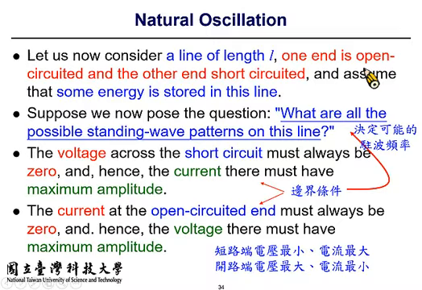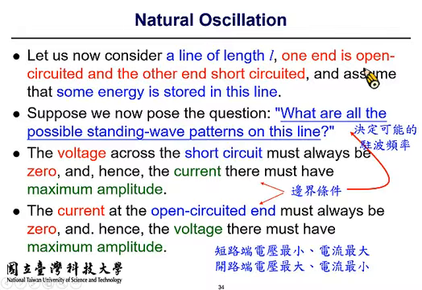to our topic. So let's now consider a transmission line of length L, where one end is open circuit and the other is short circuit. We know that the two ends of the transmission line are terminated, so if you supply some radio frequency energy, you can store the energy.